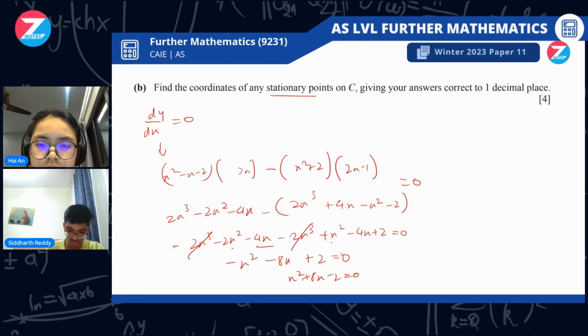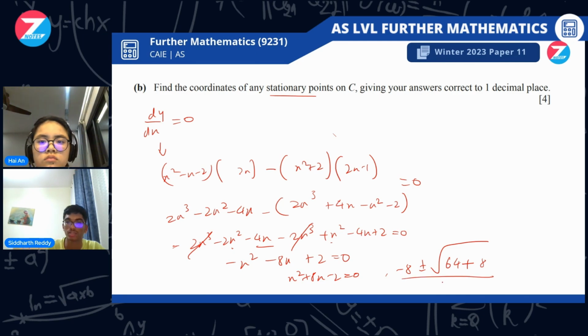So let's find the solutions for this. x is equal to minus b plus or minus the square root of b square minus 4ac, so minus 8 plus or minus the square root of 64 plus 8, divided by 2a. One of these will be 0.2, and the other one will be minus 8.2.